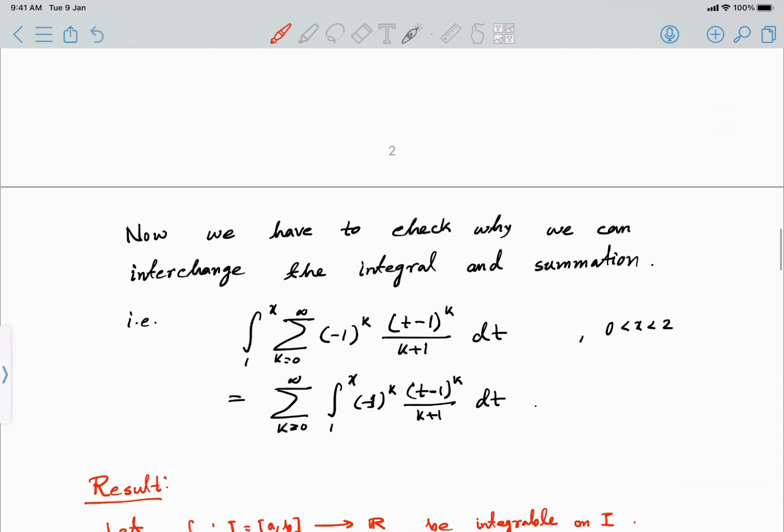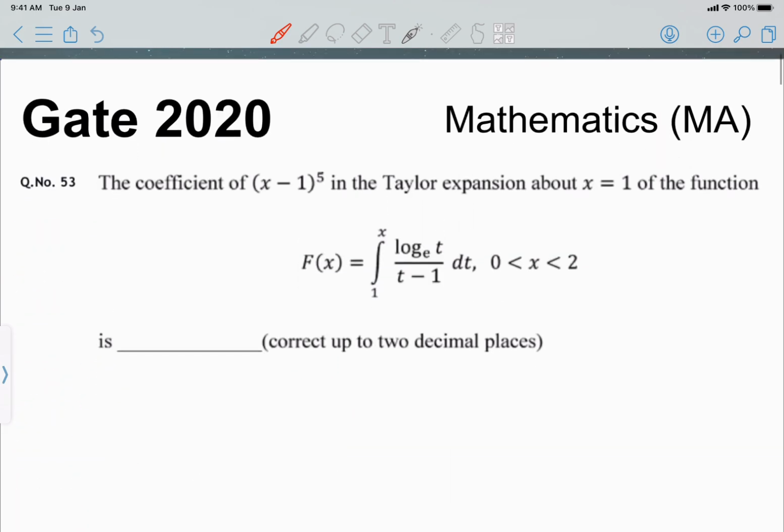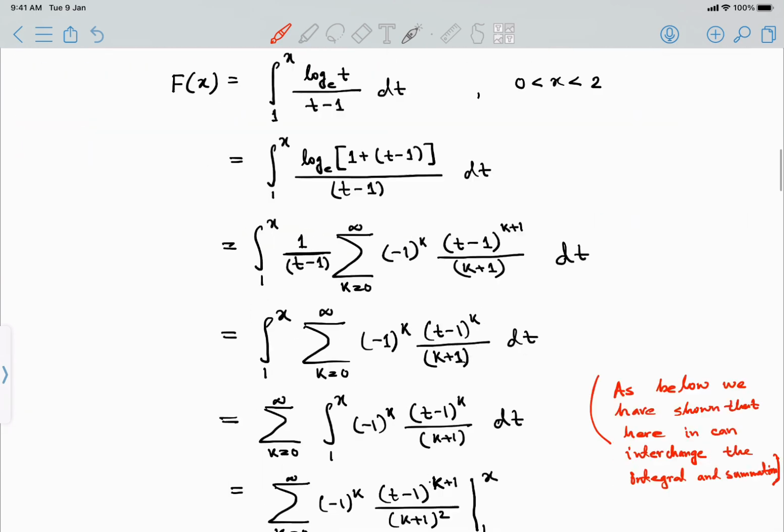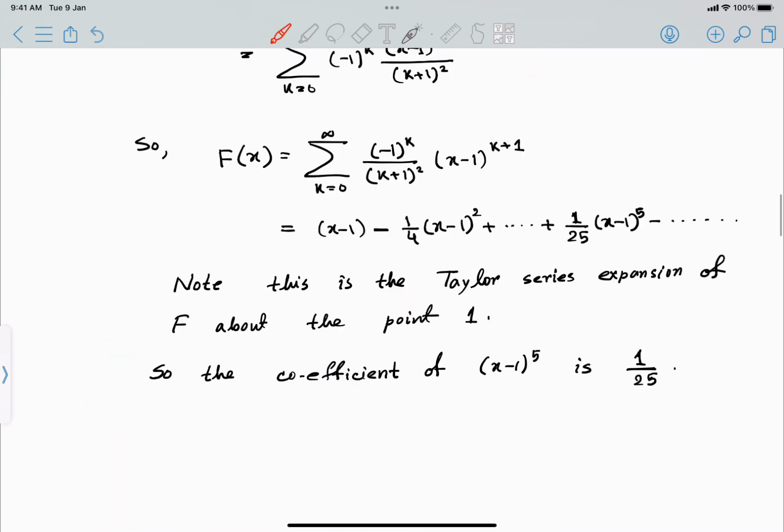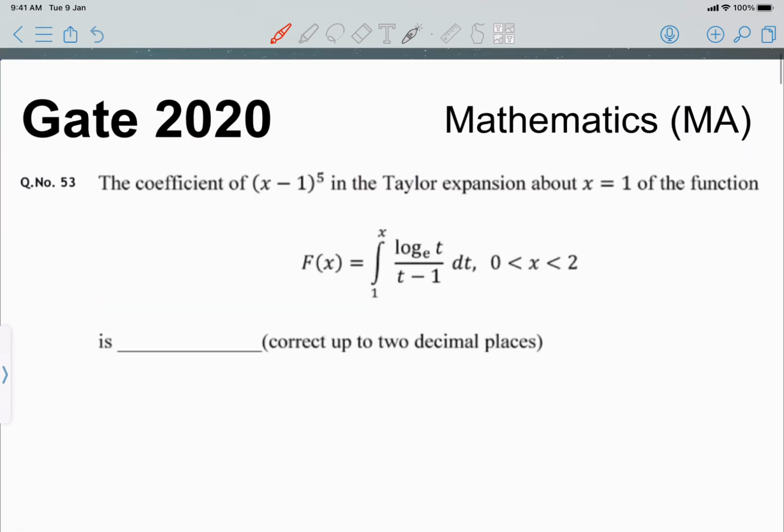Okay, so what is the question? We have to find the coefficient of (x minus 1) to the power 5, which we have found out to be 1 by 25.